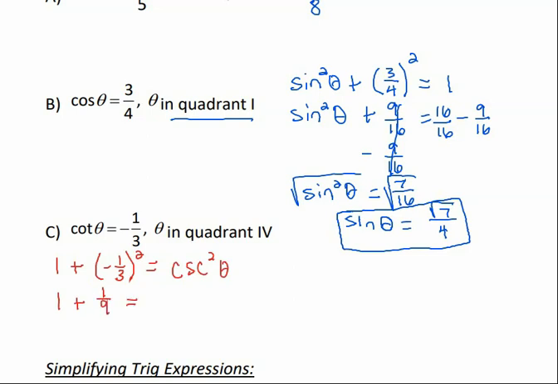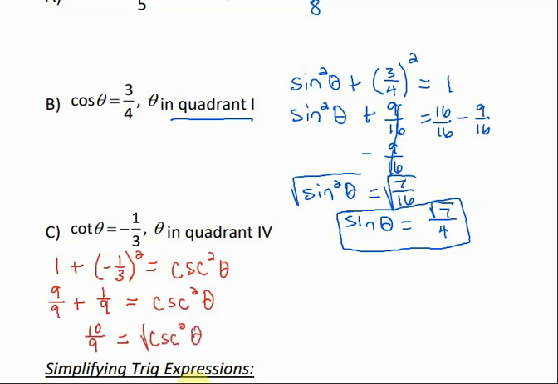So I'm going to do the same thing as before and get a common denominator. I'm going to change 1 to 9 over 9, and then add those together, and I get 10 over 9 is equal to cosecant squared theta.